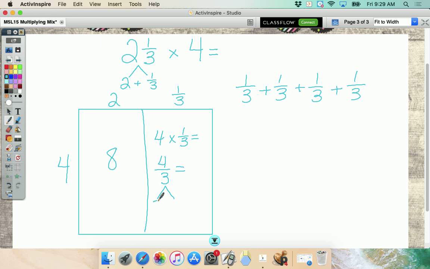Going to take out 1 whole. What would 1 whole be? So as a mixed number, what is 4/3? 1 1/3. So Caitlin, what's the answer to this problem? 9 1/3.